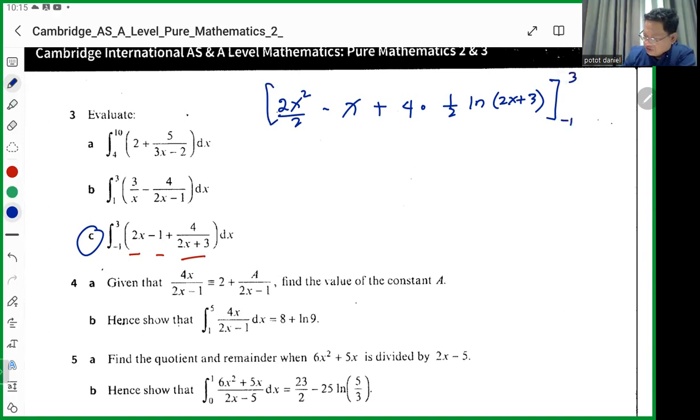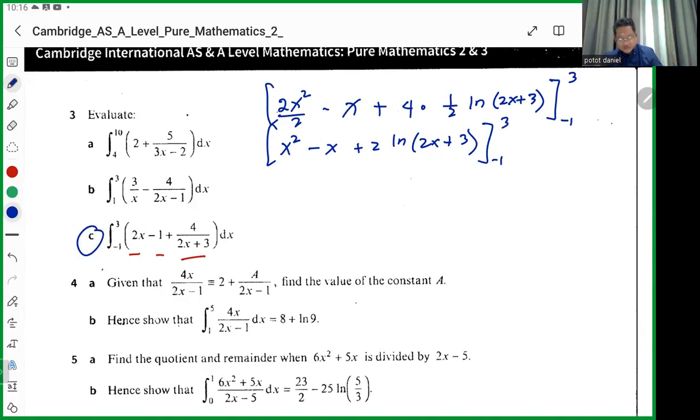So you have there, this is now x squared minus x plus 2 ln 2x plus 3 from -1 to 3. So basically, just simply plug in the 3 and the -1.